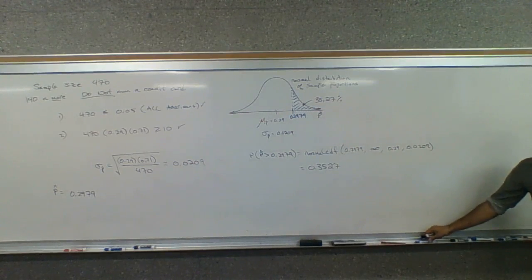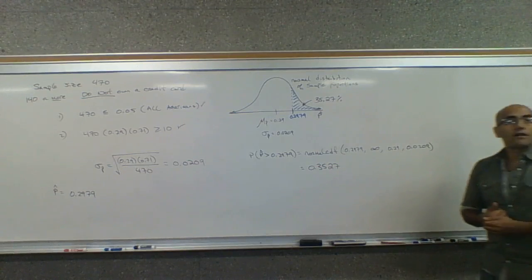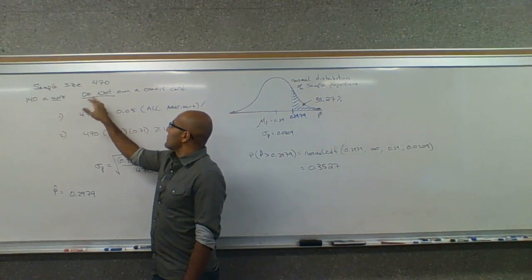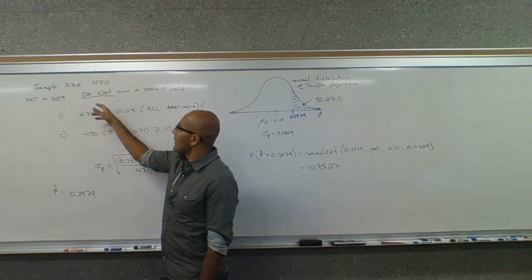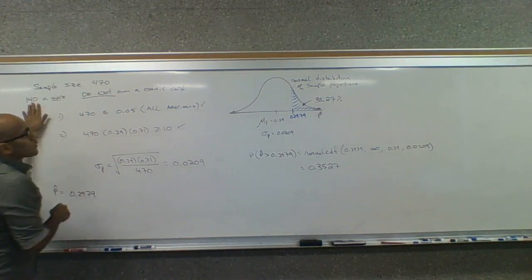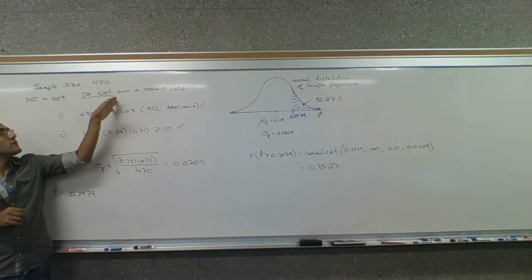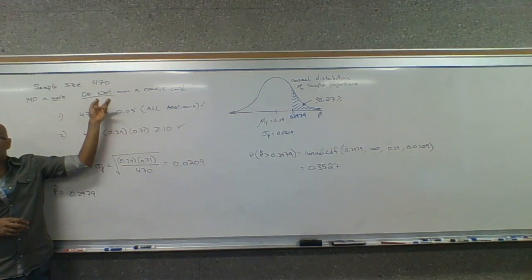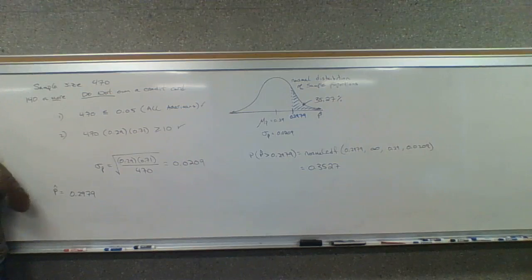Good? Questions? What if I did want to write a word problem that did have does own a credit card instead of do not own a credit card? What if I want a certain number or less of people who do own a credit card? So what we have to flip is this number as well to be a little bit more realistic.